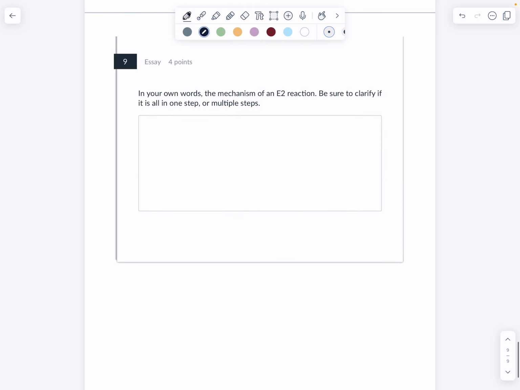Okay, in your own words, describe the mechanism of an E2 reaction. It should say describe. Be sure to clarify if it's all in one step or multiple steps. So all in one step, a strong nucleophile abstracts a hydrogen from a carbon adjacent to the leaving group.